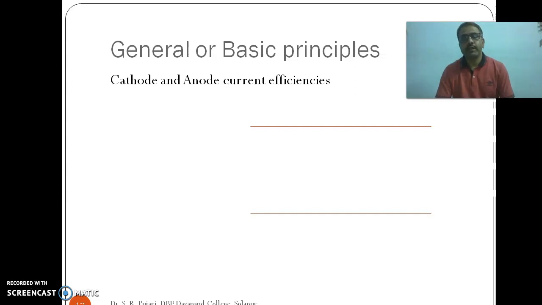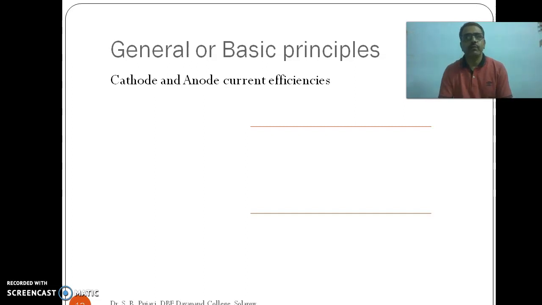Whatever Faraday's laws we studied, and the ideal theoretical result they give, and the actual practical result we get, are totally different. Why does this discrepancy appear?